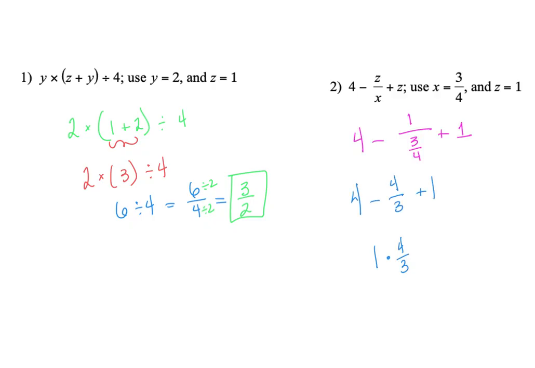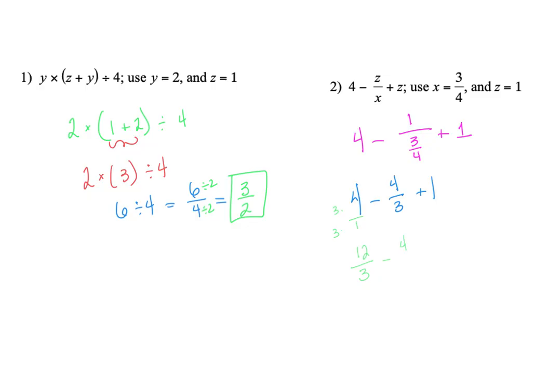Remember, though, that in order to add and subtract fractions, we have to have a common denominator. And so the common denominator here is going to be that 3. Remember, this is the 4 over 1, so we multiply top and bottom by 3. 4 is the same thing as 12 thirds.